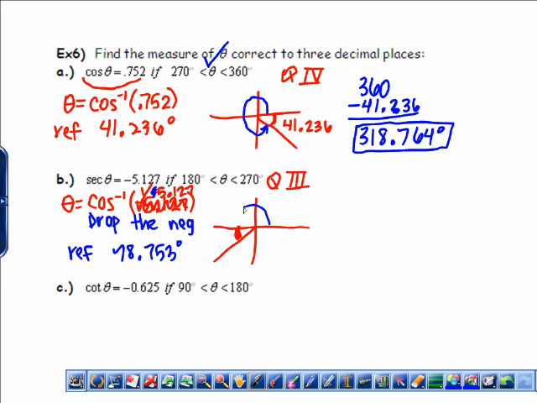I want an angle between 180 and 270. So what do we need to do? From 0 to right here is 180. We need to go 78 degrees past. Yeah, we need to add to 180. That's what makes sense here. So 180 plus 78.753.